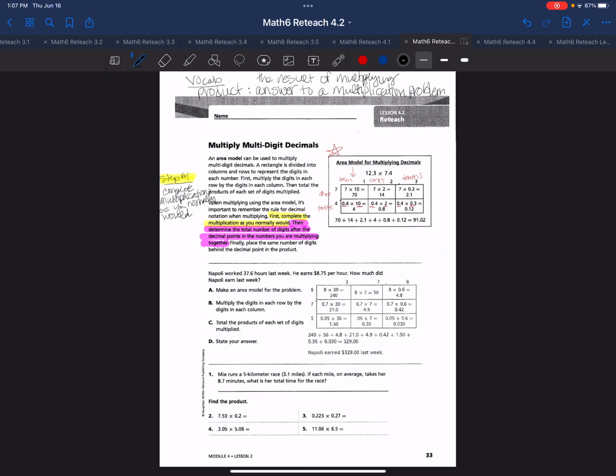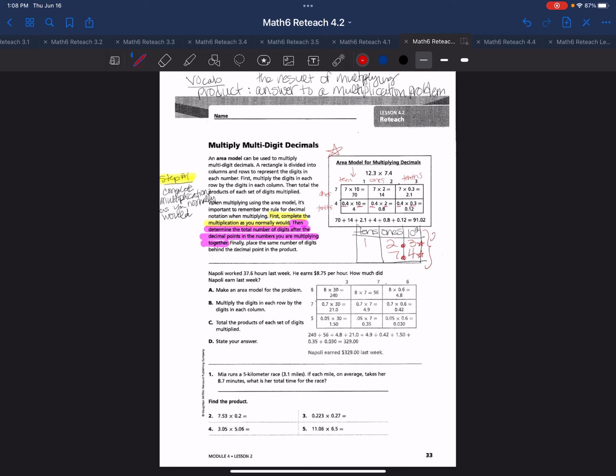So if I have tens and then ones, and then I have tenths, for example, in a place value chart, and I have 12 and 3/10 being multiplied by 7 and 4/10, we can see here that I have 2 digits, because I have a digit here after the decimal and a digit here after the decimal.